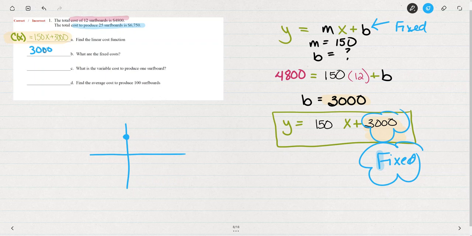The variable cost is going to be the slope. The variable cost is how much it costs for each item, and that's the 150.